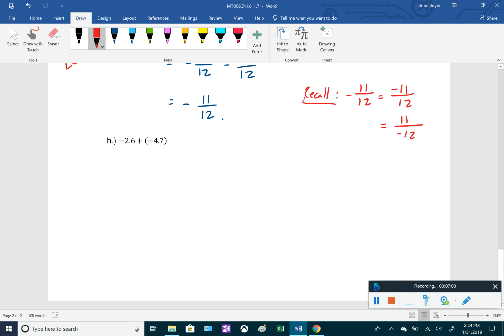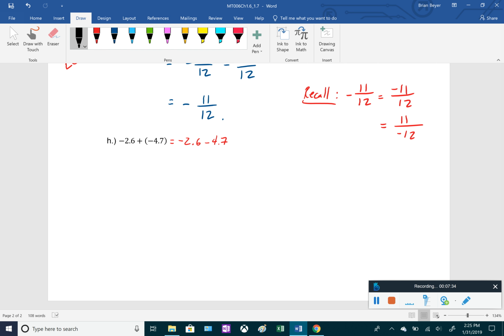Okay, next, decimals. This one's going to be even a little bit messier. If we're starting at negative 2.6 and we are adding a negative 4.7, first I'll recognize that this is the same distance away from 0 as positive 2.6 plus a positive 4.7.